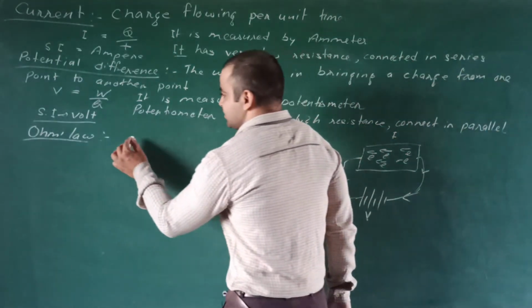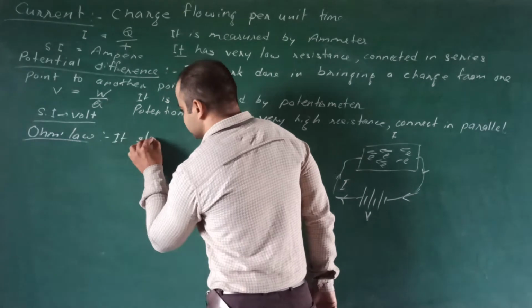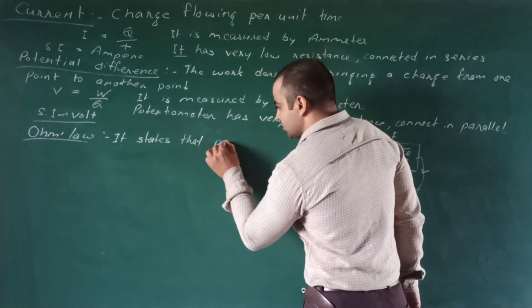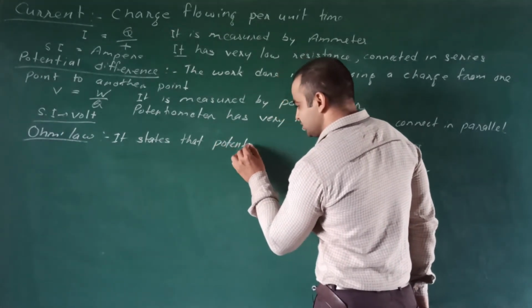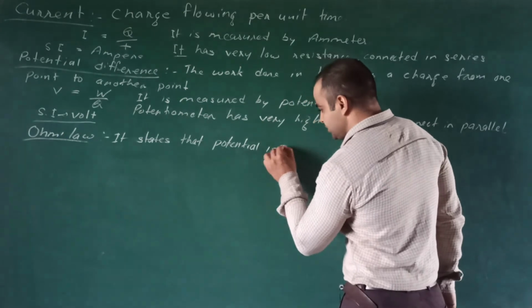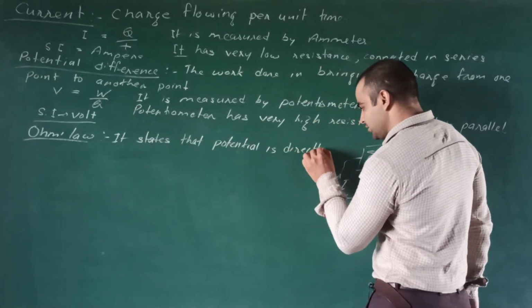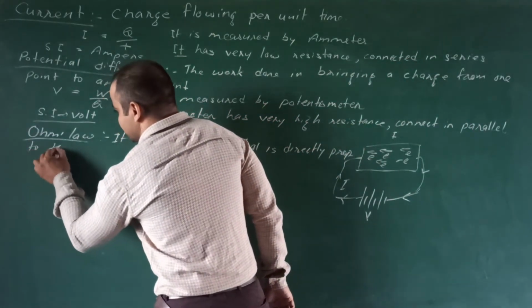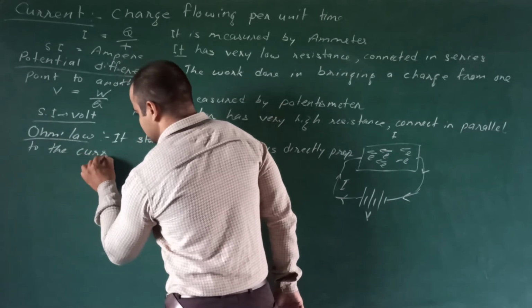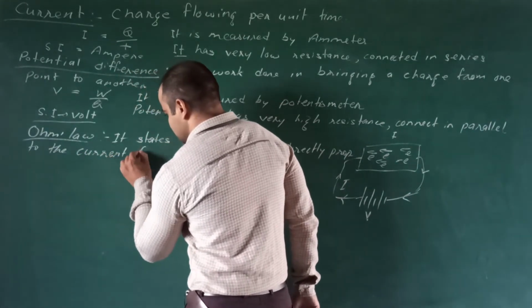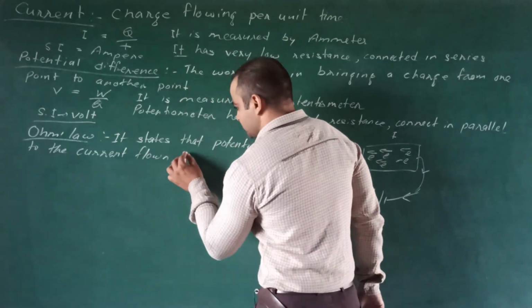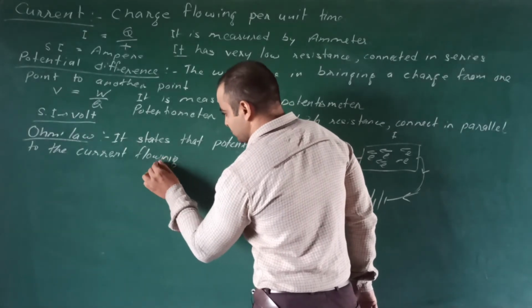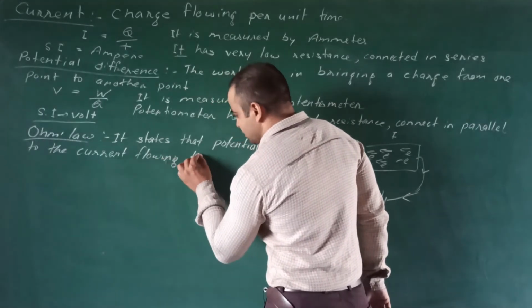It states that potential is directly proportional to the current flowing through a conductor.